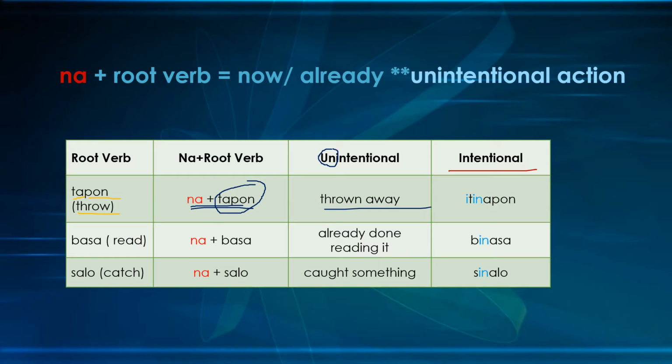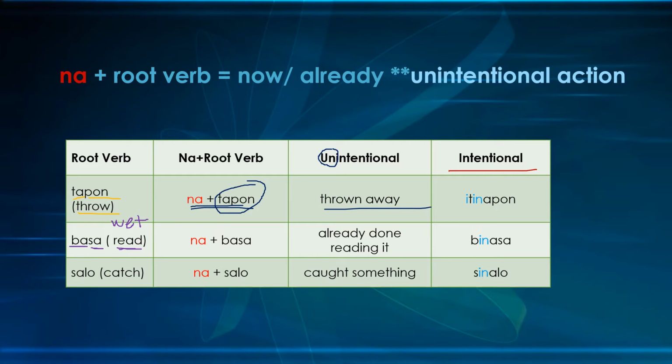Another verb is read, and it is pronounced like basa. We prolong this part, ba. Because if we pronounce it faster like basa, it will have the meaning of wet.